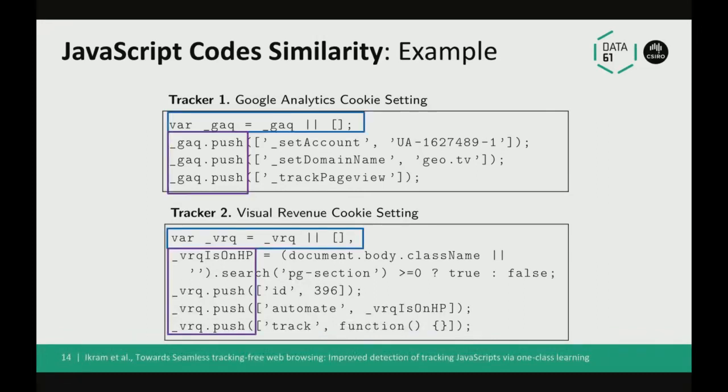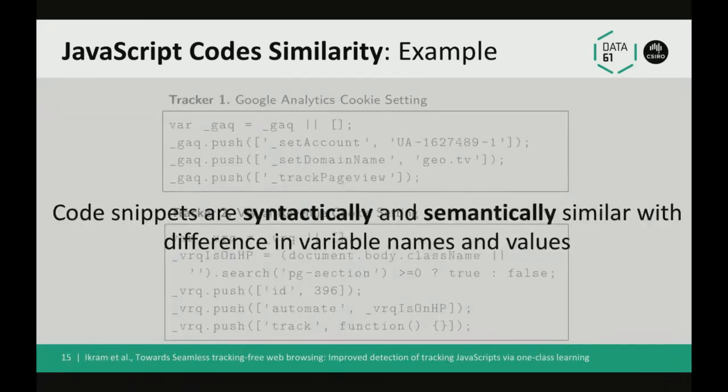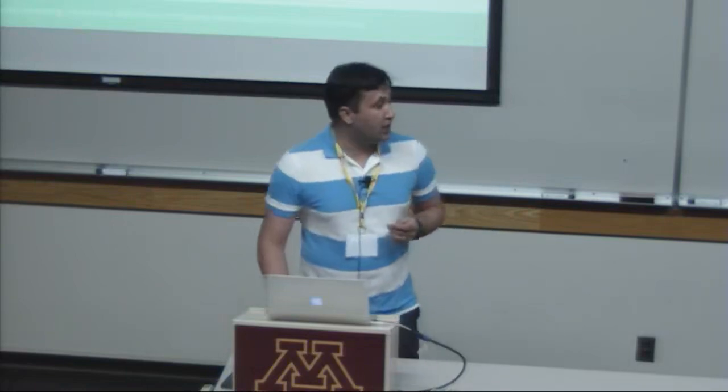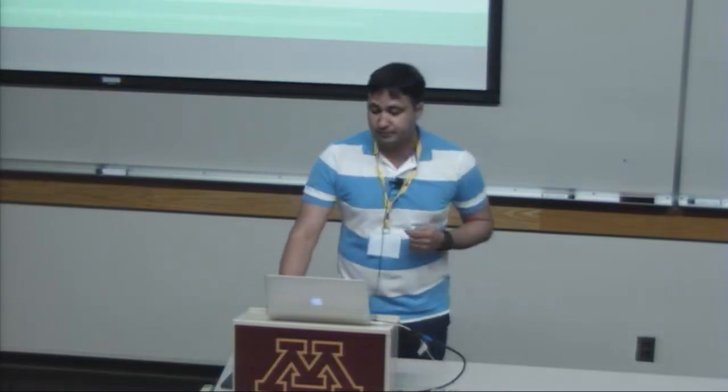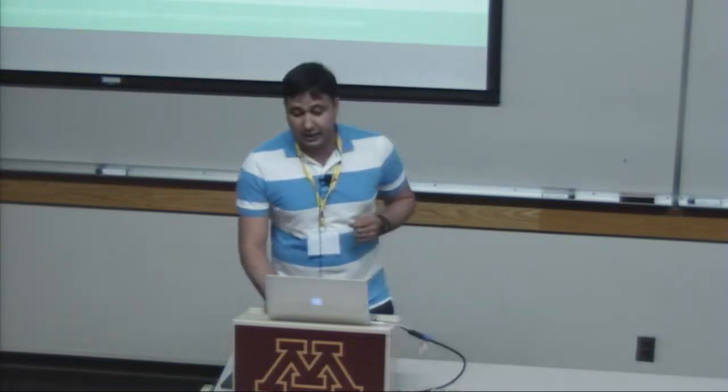From the variable initialization and the functionality to push values into the cookie database, we can see that they are similar to each other. Of course, they have some dissimilarity in the way the variables are assigned, in the case of variable names and the values assigned to these variables. And I will show you in a bit how we can deal with such dissimilarity.